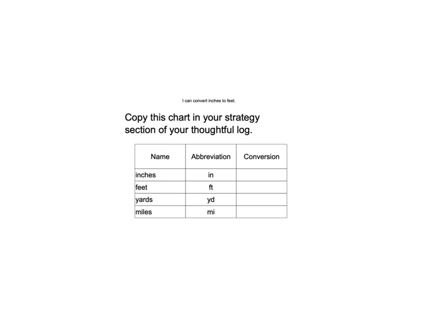In the middle column will be the heading abbreviation, with the abbreviation for inches as IN, feet is FT, yard is YD, miles is MI. And in that third column, your heading will be conversion. When you're done, turn to the next slide.